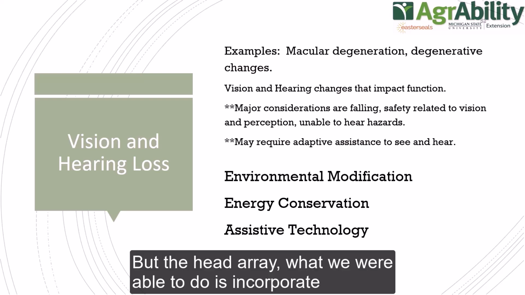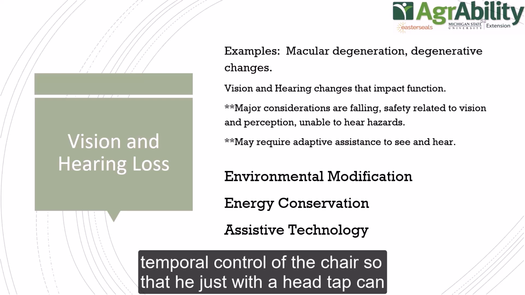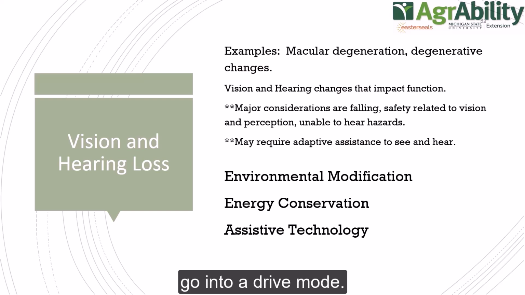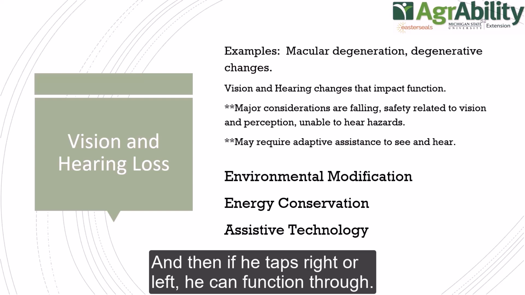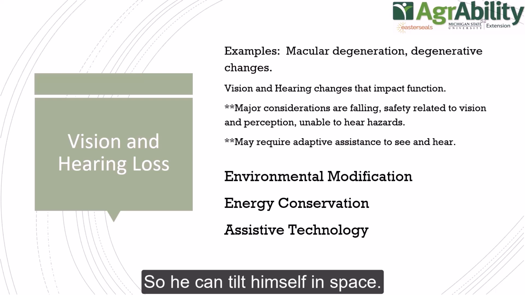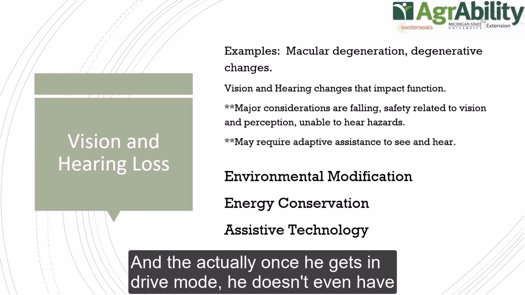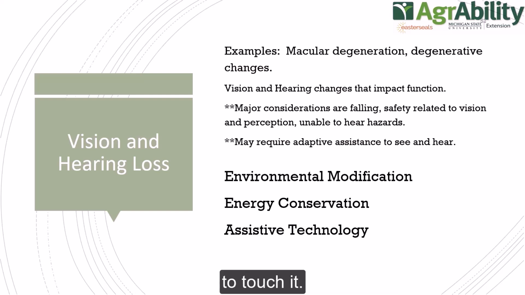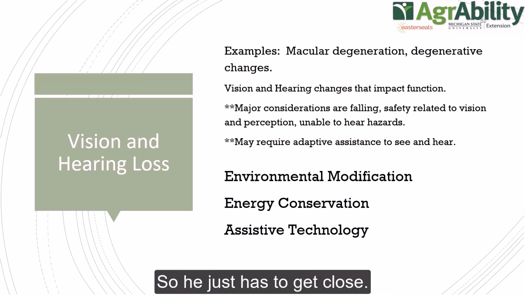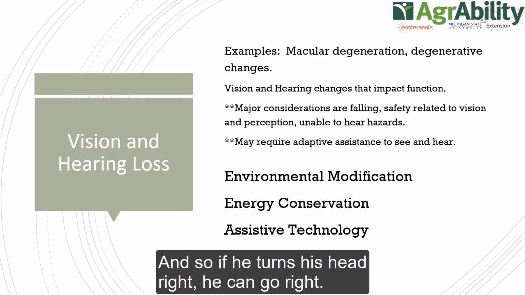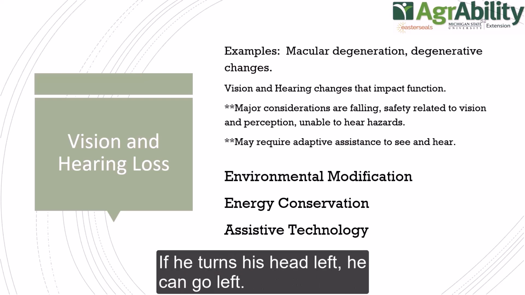But the head array, what we were able to do is incorporate temporal control of the chair so that he just with a head tap can go into a drive mode, and then if he taps right or left, he can function through. So he can tilt himself in space, he can maneuver right or left, and actually once he gets in drive mode, he doesn't even have to touch it. It has like a sensor, so he just has to get close, and so if he turns his head right, he can go right. If he turns his head left, he can go left.